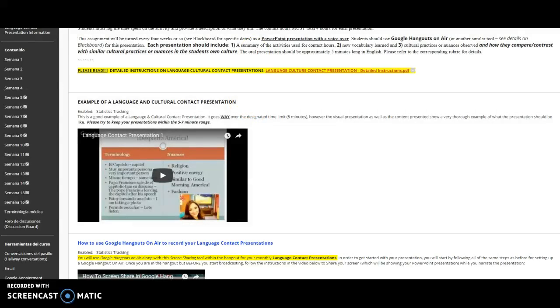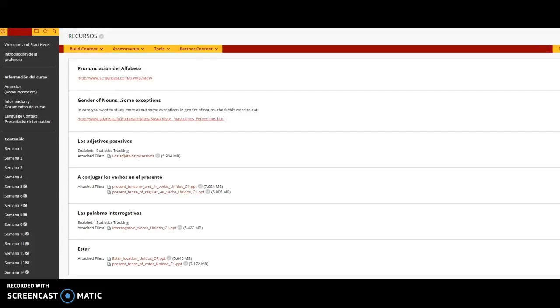Okay. The next link that you would discover would be the recursos. Here again, we have some reviews of the pronunciación del alfabeto, gender of nouns, possessive adjectives. I have some PowerPoints on verb conjugation, for both AR as well as ER-IR verbs.